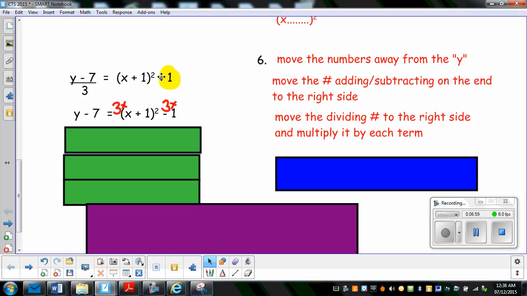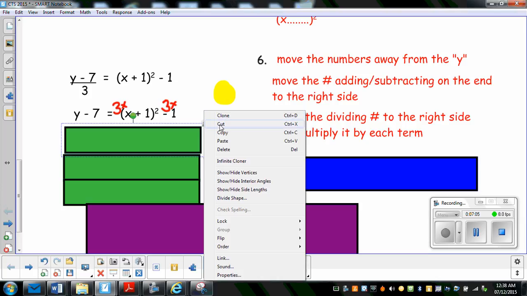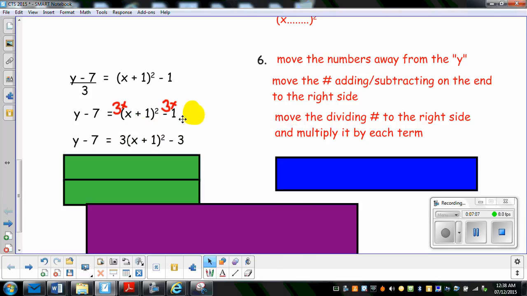And it also has to be multiplied by the negative 1, so I have 3 times negative 1. The nice thing here is that we're just going to leave the 3 out in front, because remember, we're trying to change it into vertex form, and that's what vertex form looks like, with the bracket there. So we leave the 3 out in front.